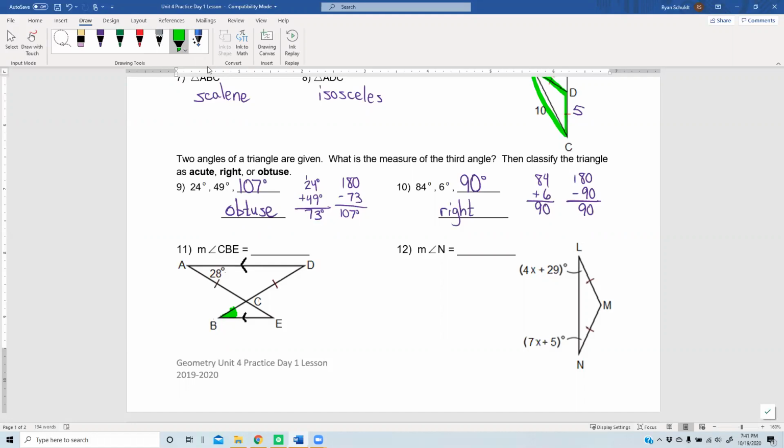One way is we can use the info they give us. So the top triangle is isosceles. This 28 degrees is a base angle. So this other angle has to also be 28 degrees.